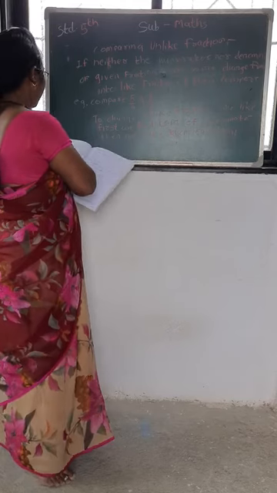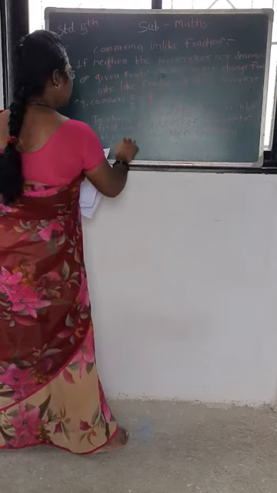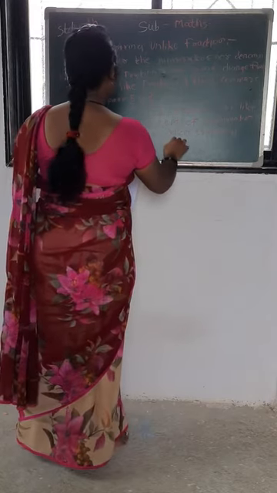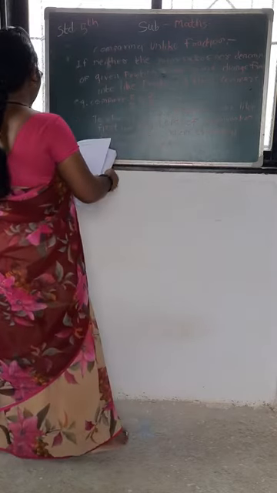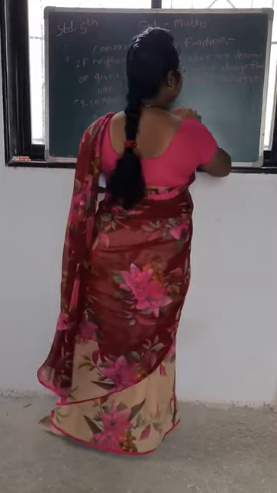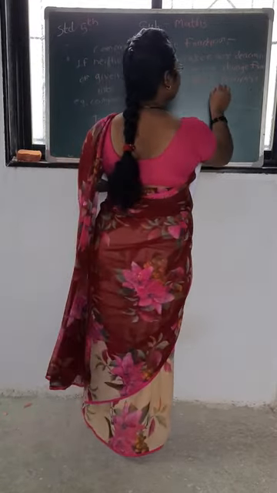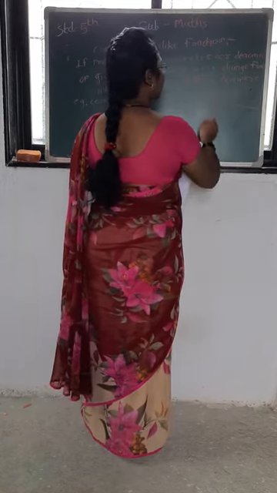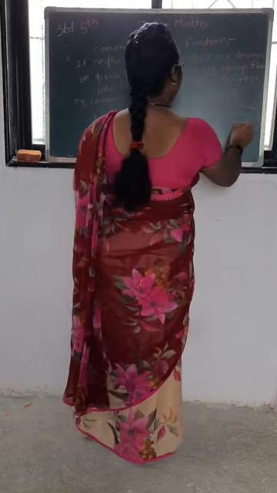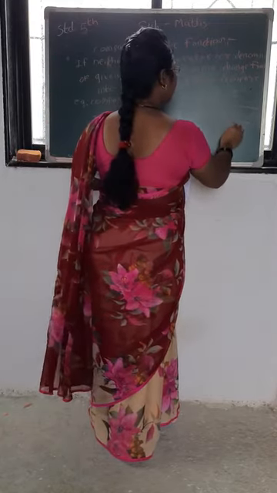The denominators of the two fractions are 4 and 8. Then the LCM of 4 and 8: first we find the LCM. 2 twos are 4, 2 fours are 8. Next, 2 ones are 2, 2 twos are 4.